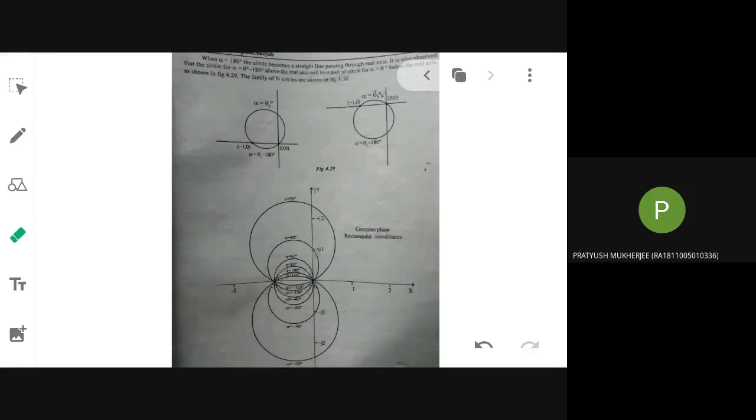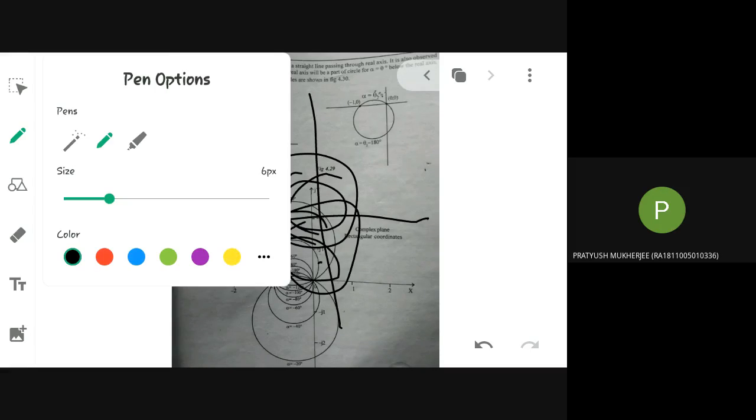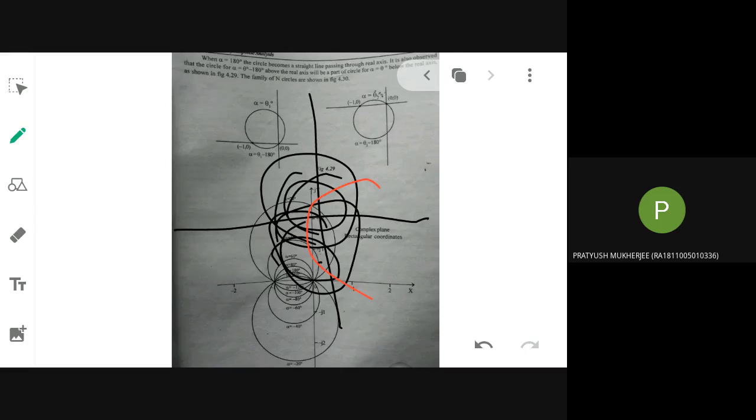It will have this N circle, these are N circles, and then you will have M circles also.